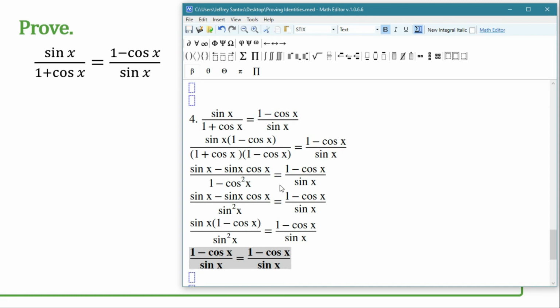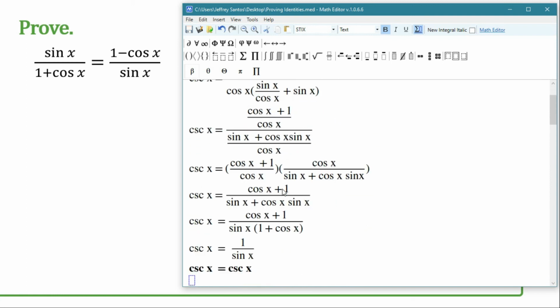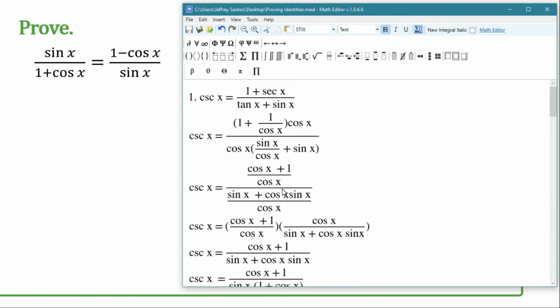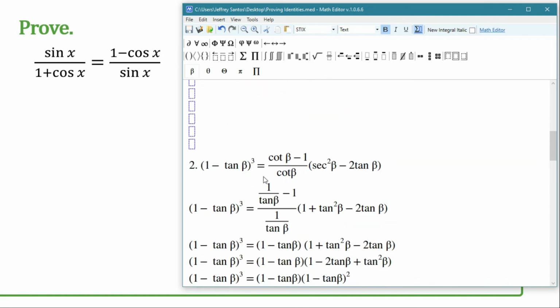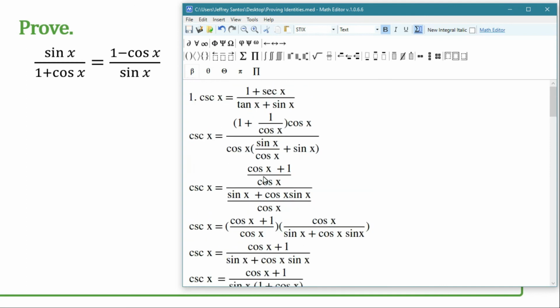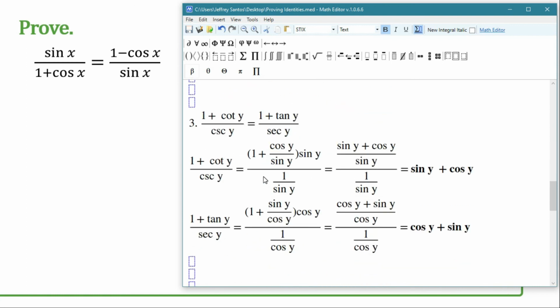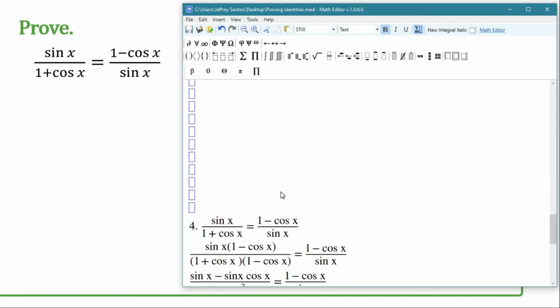All right. So we have illustrated different scenarios on how are we going to prove identities. All right. The first two examples is that we chose a side or a more complicated side and we start with it and manipulating it algebraically. The third example illustrates by manipulating both sides of the identity or the equation.